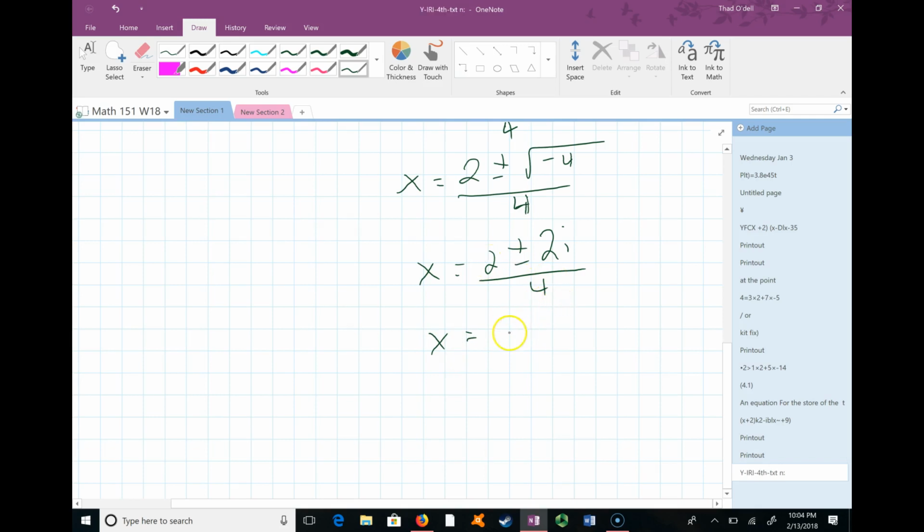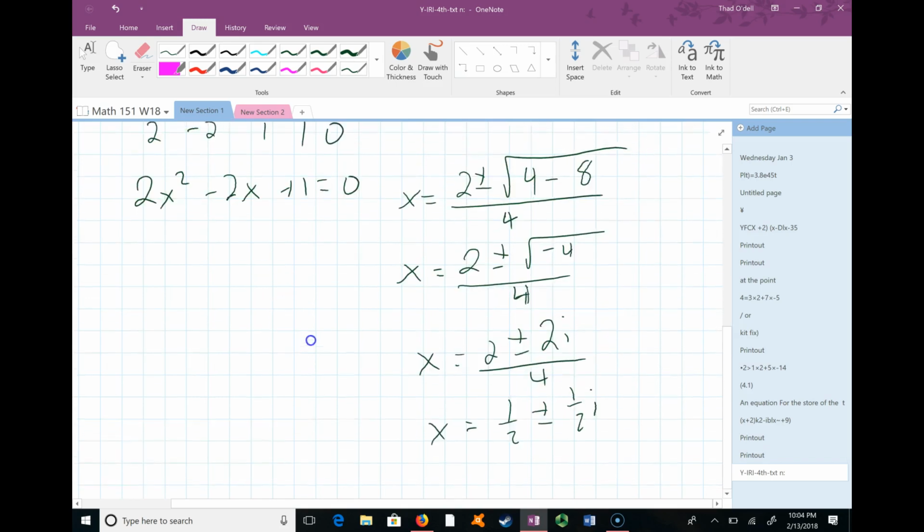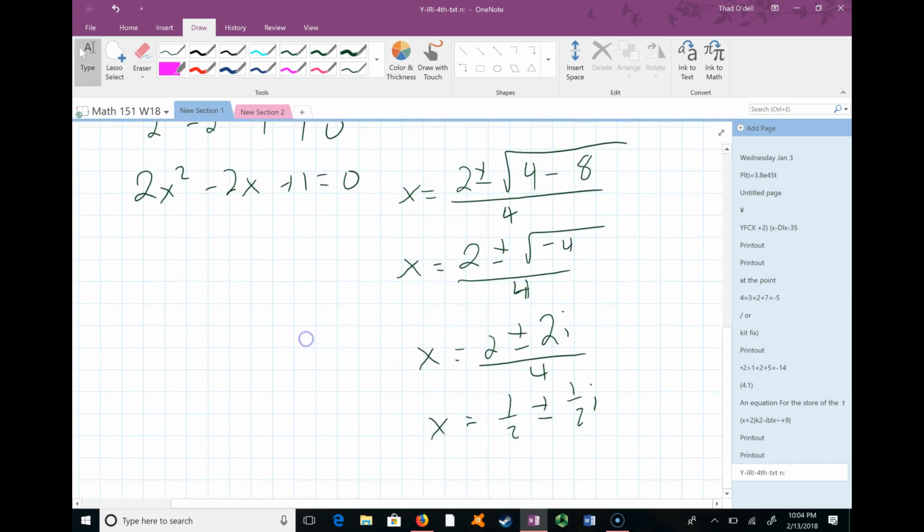So that would be 2 over 4, which would be 1/2, plus or minus 2i over 4, which would be 1/2 i. So my roots, there'd be 3 of them. My roots, or my zeros, again, same thing, would be negative 3, 1/2 plus 1/2 i, and 1/2 minus 1/2 i.